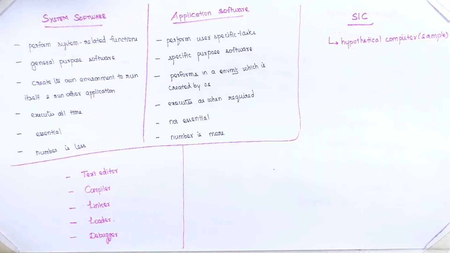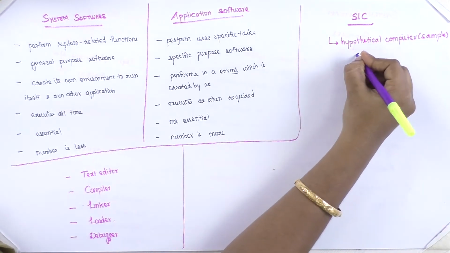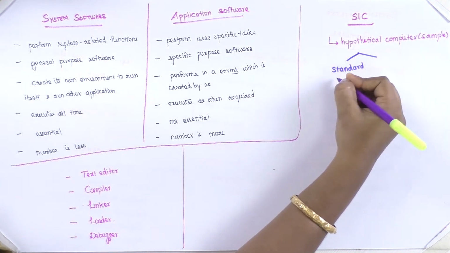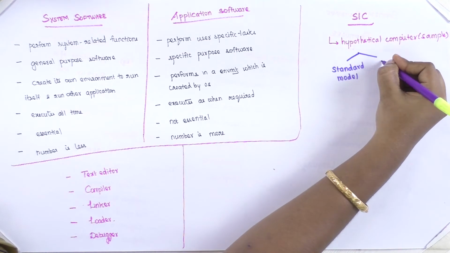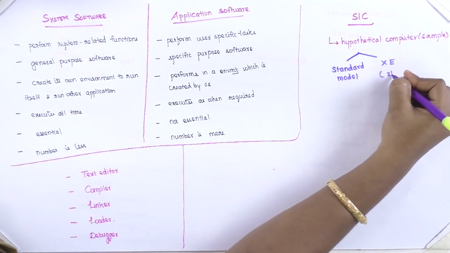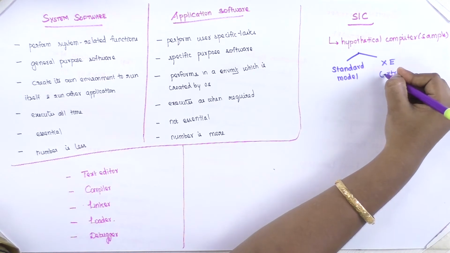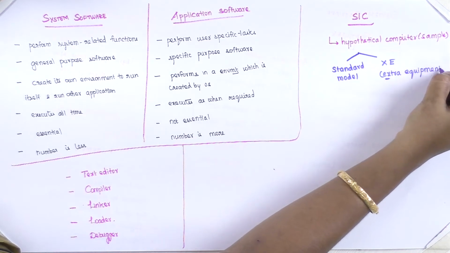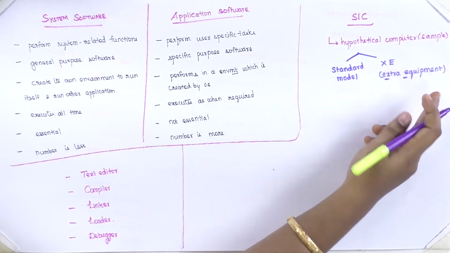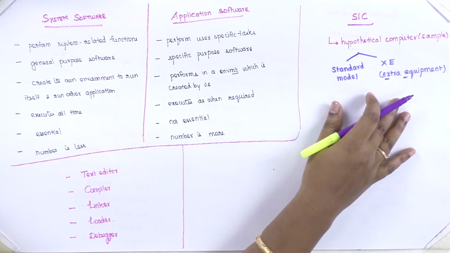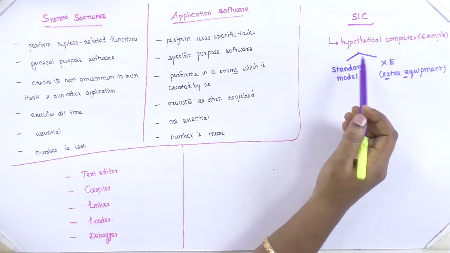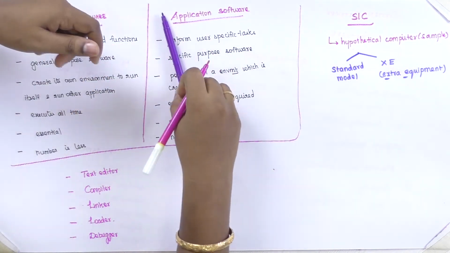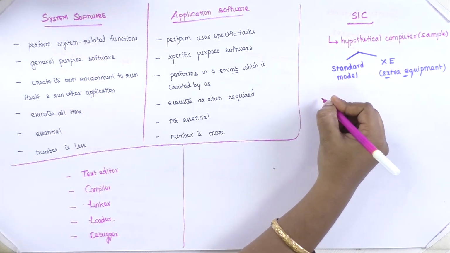In SIC, we have 2 versions: the standard model and the XE model. XE stands for extra equipment. Now we are going to see the basic hardware features available in SIC. We are going to see 7 different features.